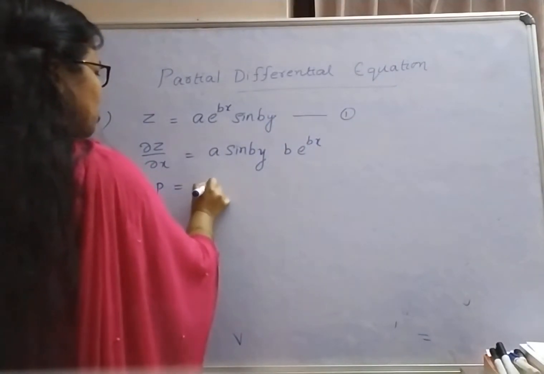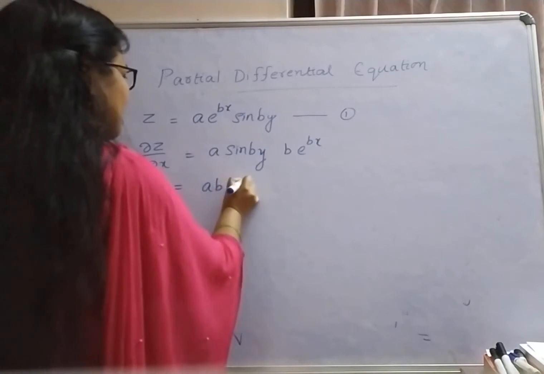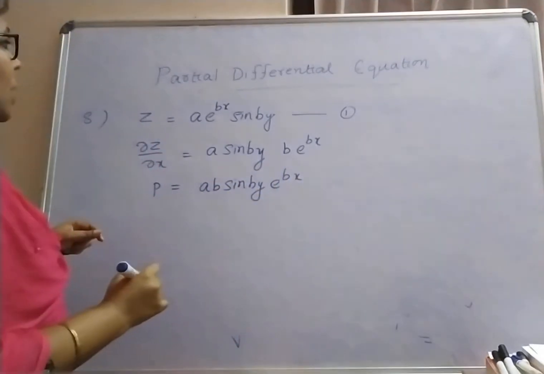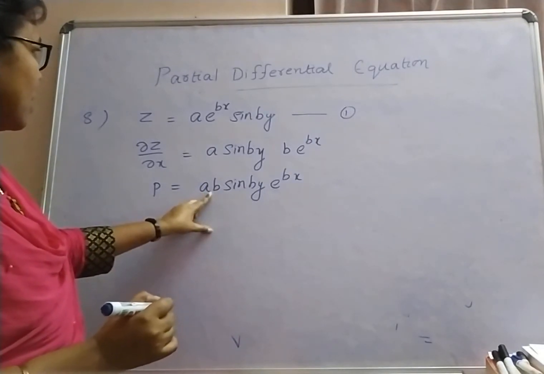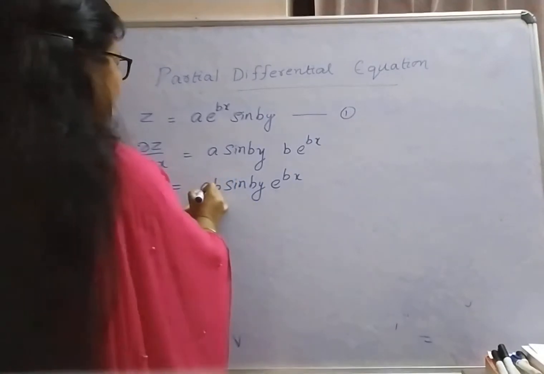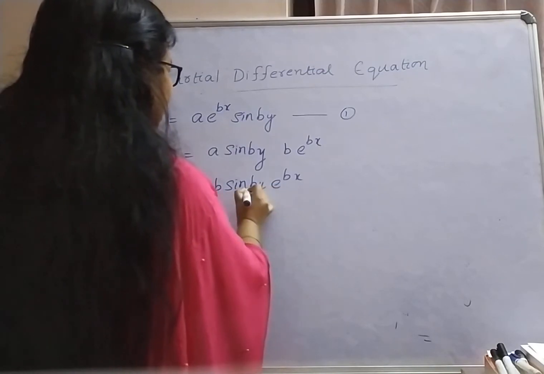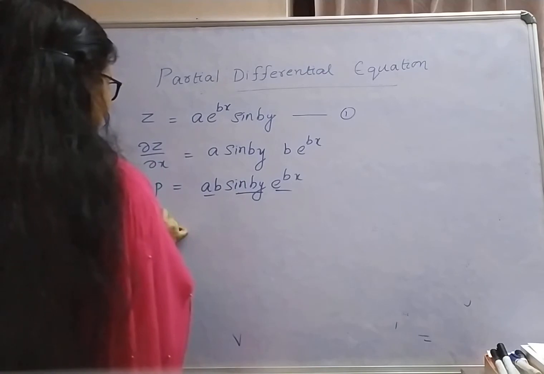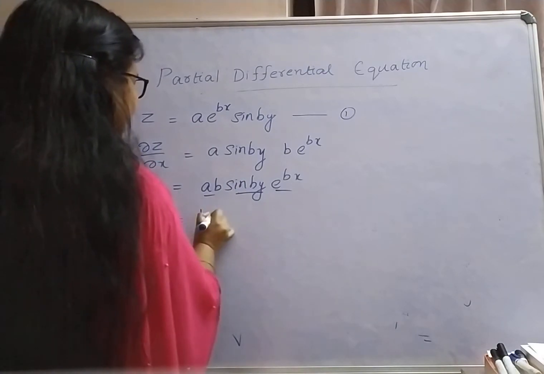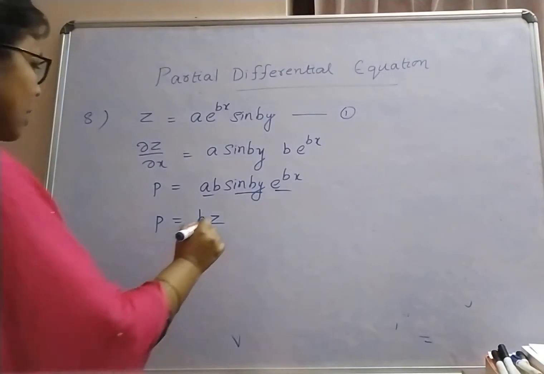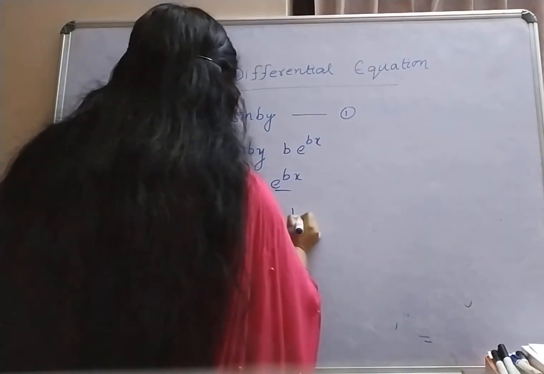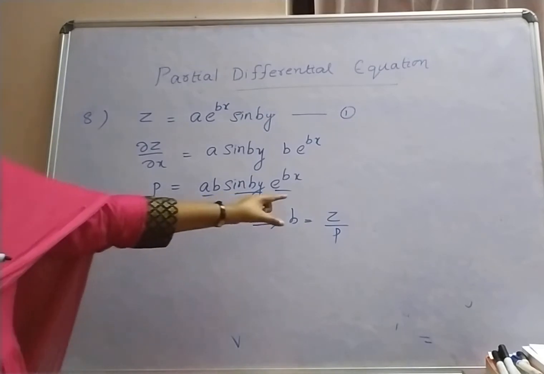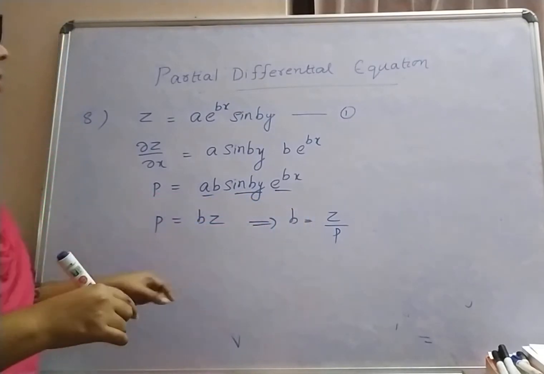P equal to ab sin by e raised to bx. Here a e raised to bx sin by is z. We get p equal to b z. Therefore, b equal to z by p. We have to substitute this value later.